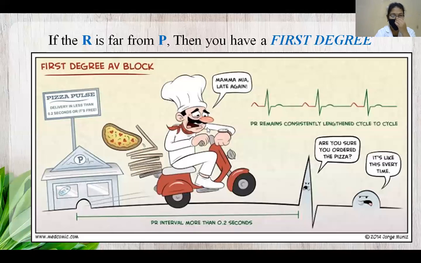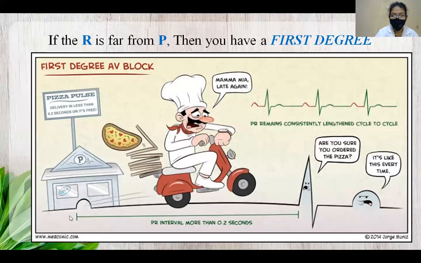Now, to understand, I had told you previously also a poem: when the R is far from P, you have the first degree. So imagine this is the P wave, P pizza. So again, oh my mama mia, late again. So here this is the P wave, this is the QRS complex.